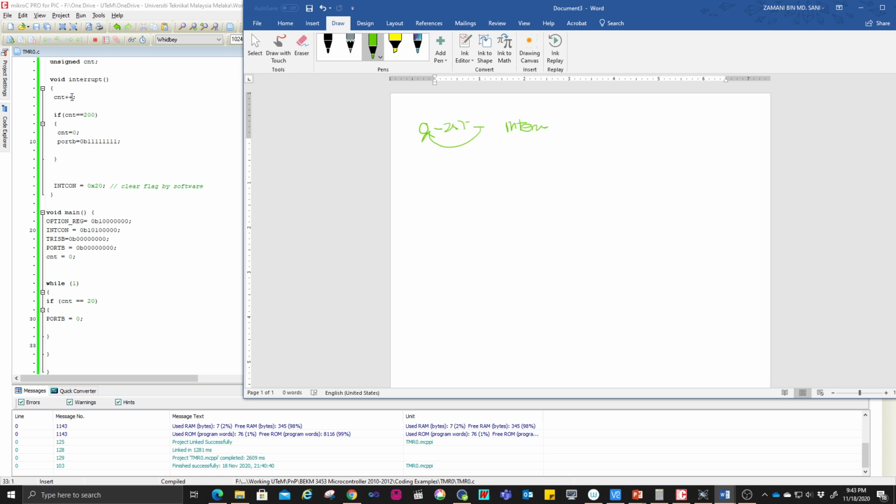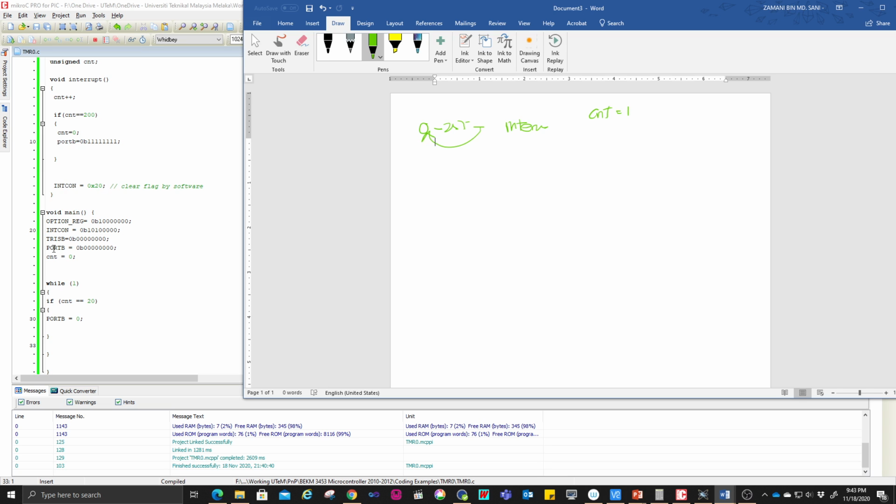Count plus plus means that your count now is going to be 1. So inside here, you check if count is equivalent to 200, this is still 1. Then you would do this one, but nothing happens here because your count is still 1. Then you will go out here and reset the flag for the interrupt.